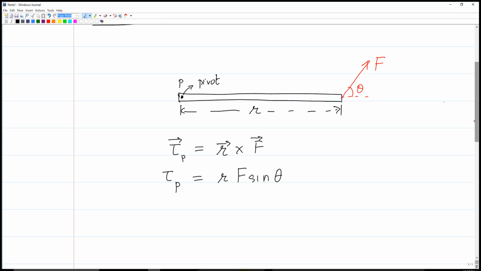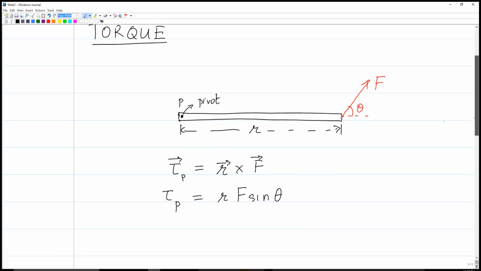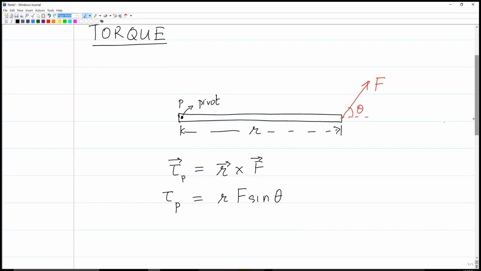Now it is a vector quantity, and so we also need to be able to identify the direction correctly. Let's first get a simple idea into our minds. In our situation right now, if you have a rod that is pivoted at this point P, and the force is pointing in this direction, you see that this force would cause this rod to move in a counterclockwise sense.